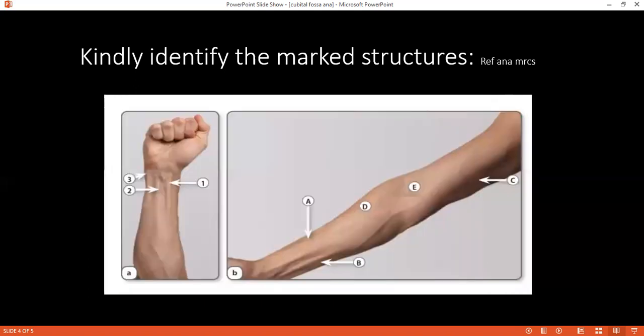Okay, can you please identify, this is picture A and this is picture B. If you can identify these structures or tell me how the muscles in the forearm are arranged. In the forearm, there are deep muscles and superficial muscles.